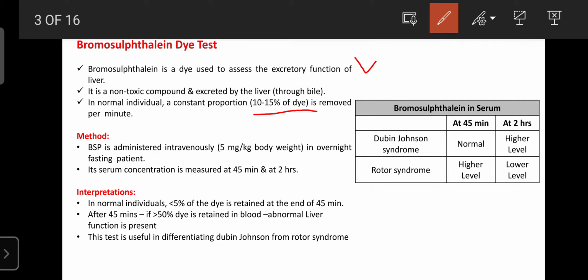That conjugated bromosulfathalein is then excreted through bile.